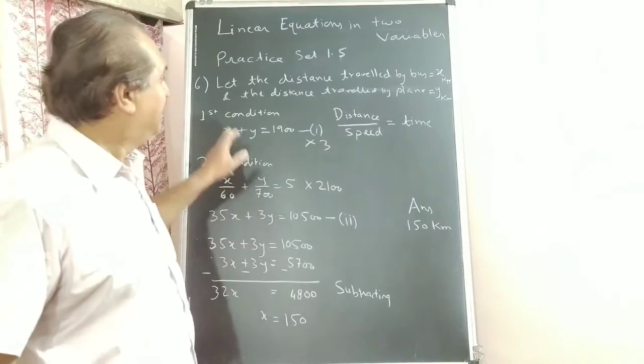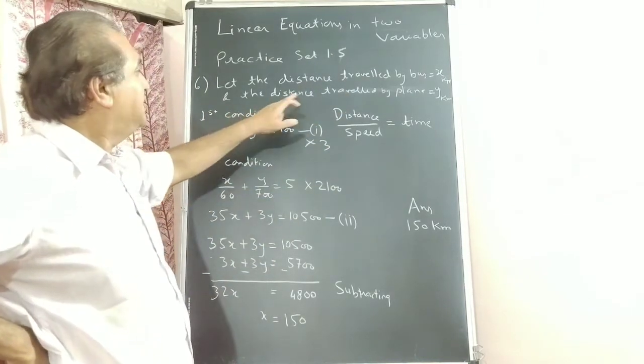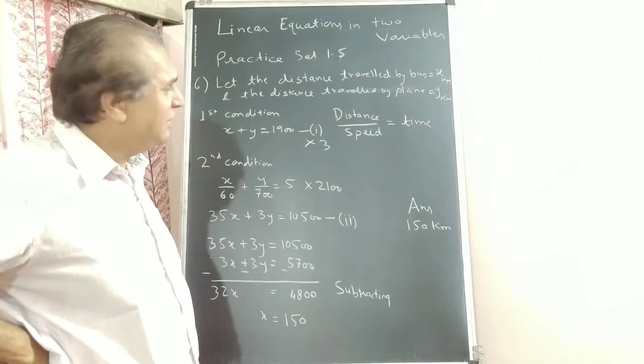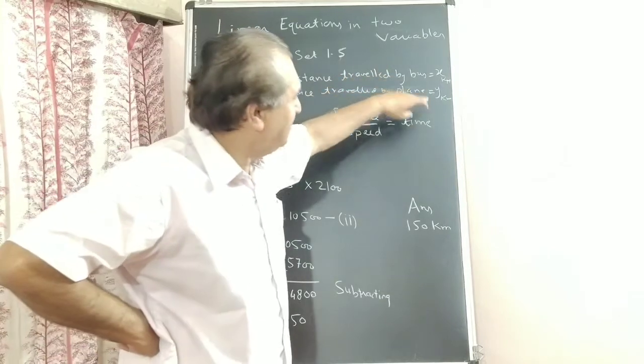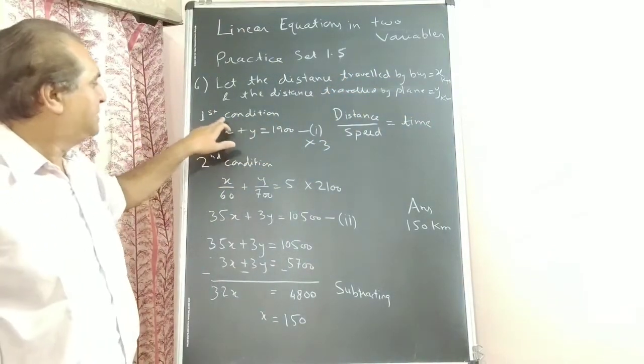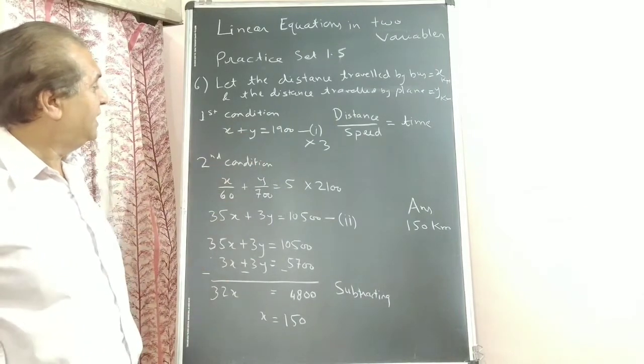So let the distance traveled by bus be x kilometer and the distance traveled by plane be y kilometer. Total distance by bus and plane, first condition, is 1900: distance traveled by bus plus distance traveled by plane equal to 1900.